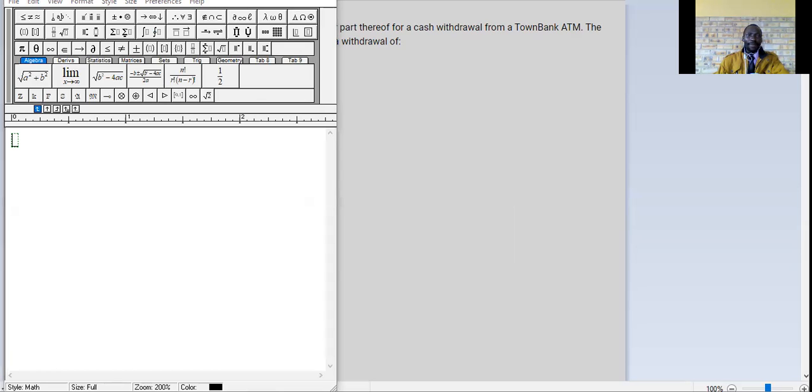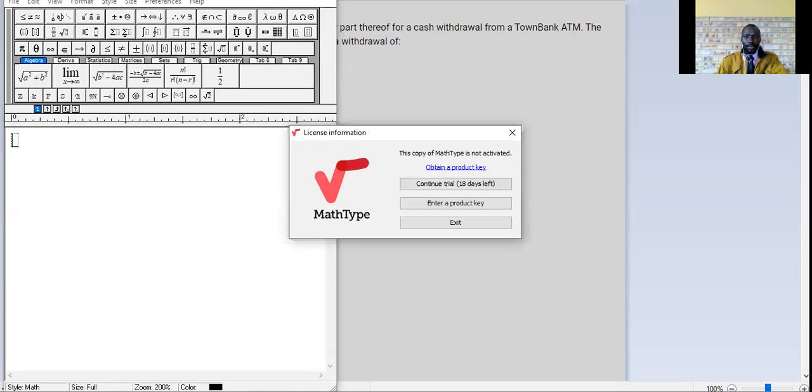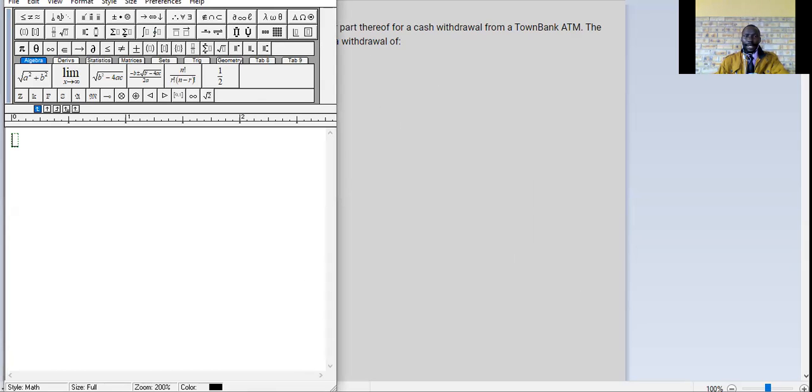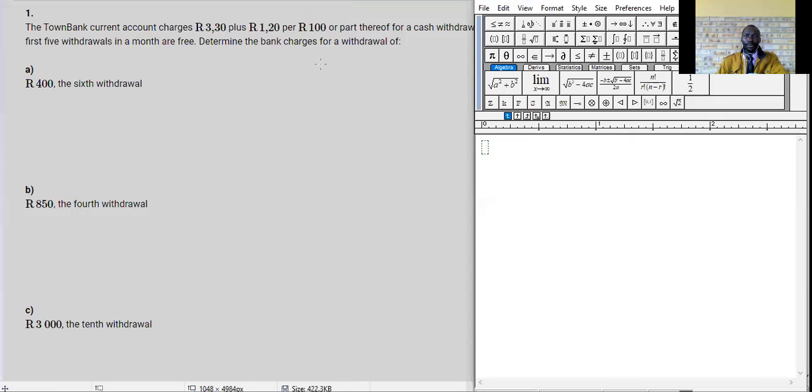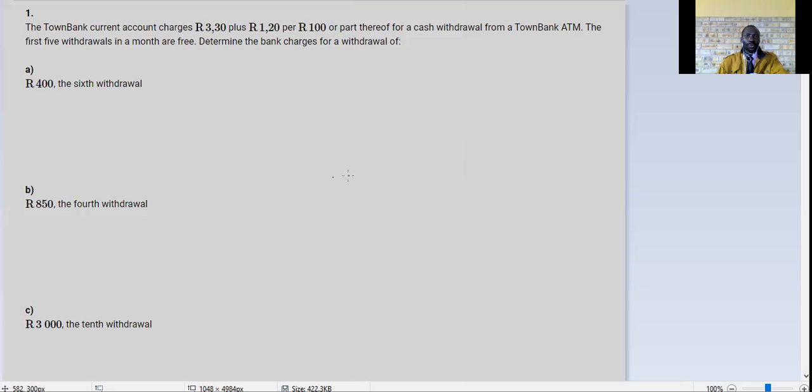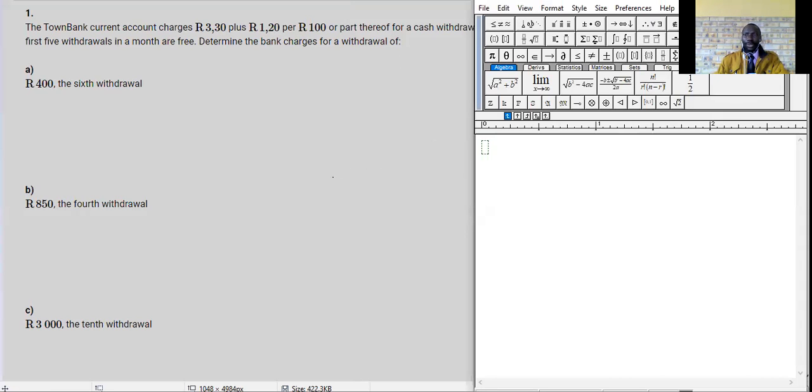Well, we want to carry out this calculation and see what we can get from this deal.